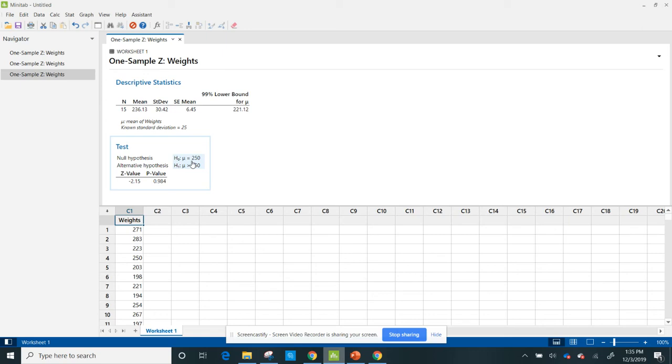We go a little bit further and we give directional signs to help for understanding of the concept. So the alternative of this is that the mean is greater than 250, which is correct. I get a z-value of negative 2.15 and a p-value of 0.984. Again, Minitab has given me everything I need. So now I can go back to my PowerPoint and start solving it.